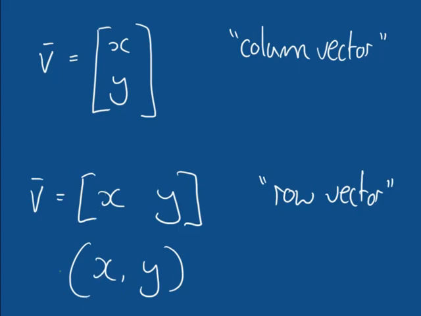Now, these aren't hard and fast rules, but the lack of commas and the use of square brackets rather than parentheses are generally the convention when writing vectors versus writing coordinates. So almost uniformly in almost all maths texts that I've encountered, coordinates are written with parentheses and a comma, whereas vectors are written with square brackets and no comma.